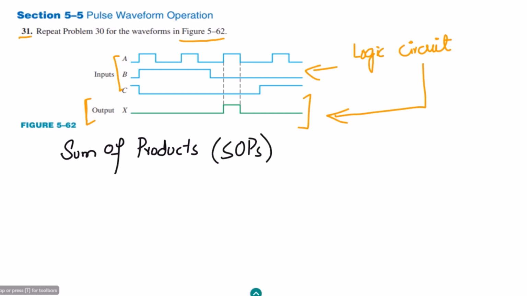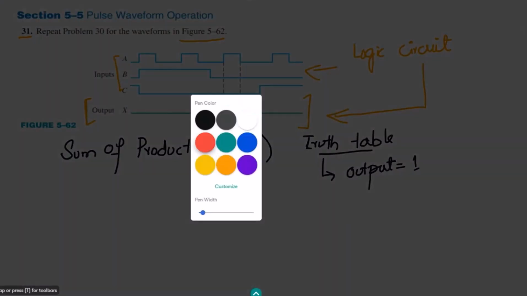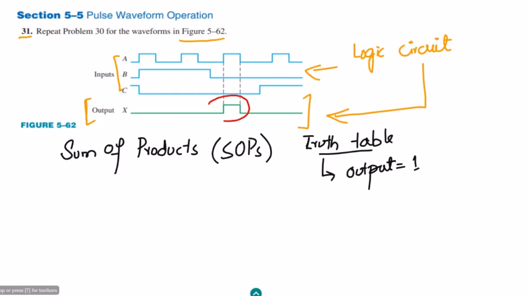In the sum of products expression, we have to find the entries in the truth table for which the output is 1. We can very easily see that this is the only instance at which the output is 1, because this is level 1. For this we have to find out the inputs.